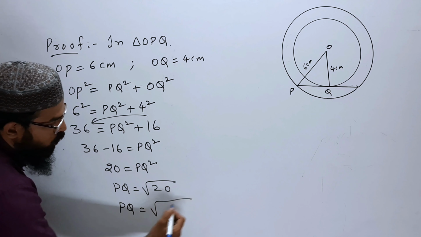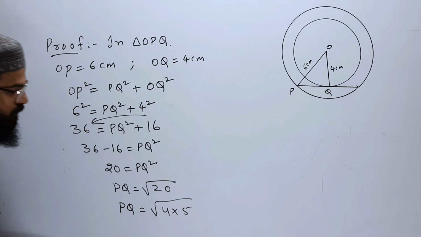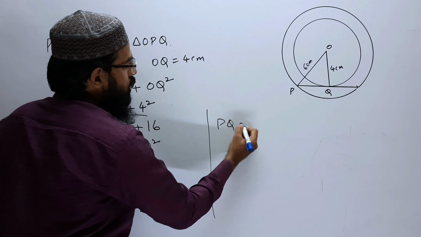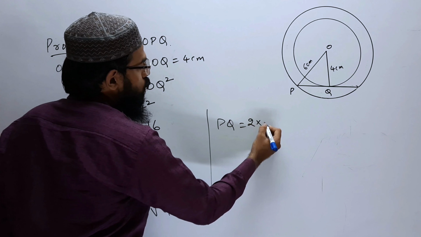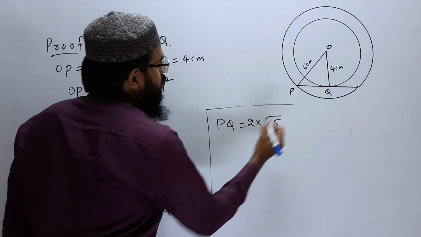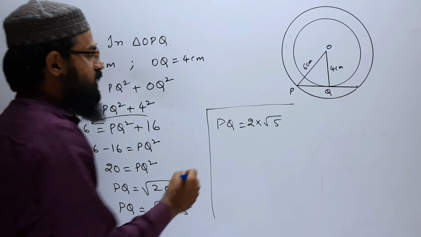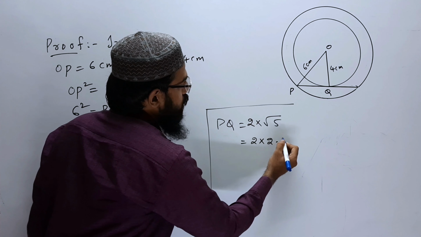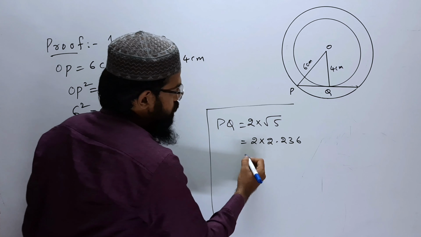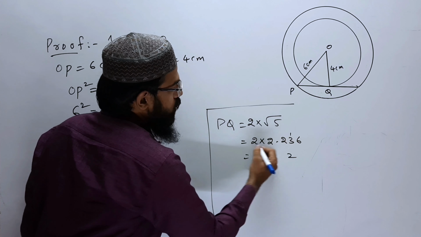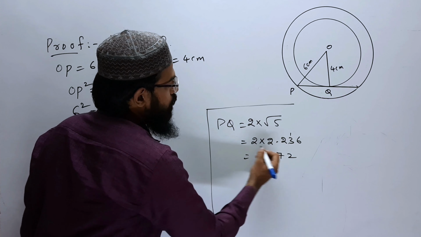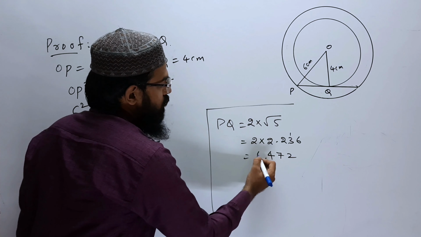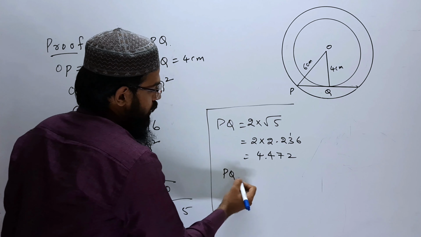PQ is equal to root of 4 into 5. We know the square root of 4 is 2. So PQ is equal to 2 into root 5. The value of root 5 is 2.236. So we can write 2 into 2.236, which is about 4.472.